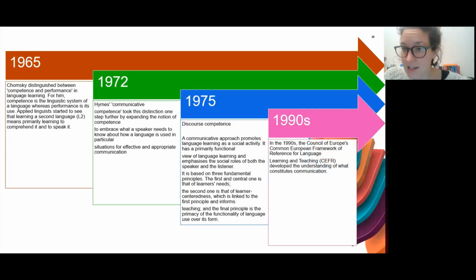And in the 1990s, there was another breakthrough in learning second language methodology, and that was the Common European Framework of Reference for Languages. It was developed back then, and so we can somehow measure what we teach, how we teach, and why we teach it on this level, and how we build up on that.